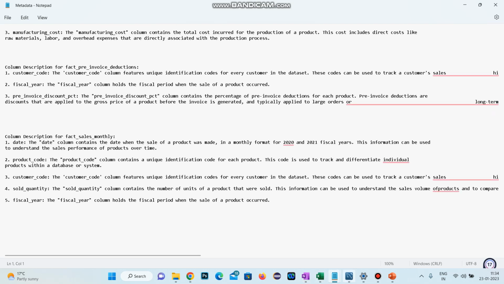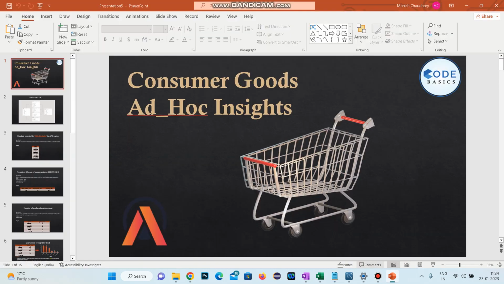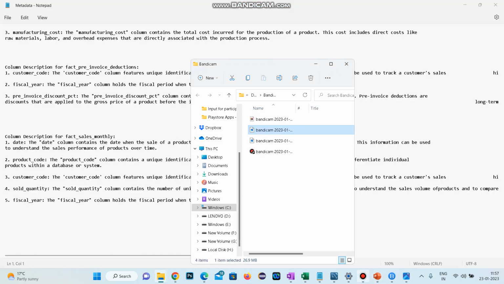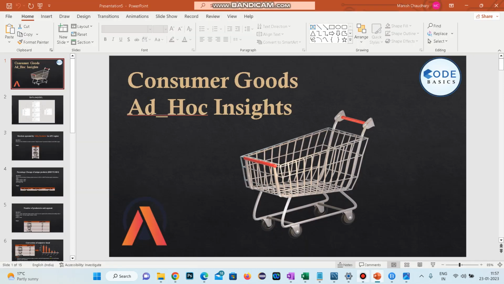Now let's go to our presentation. Here I have made the presentation, which is Consumer Goods Ad Hoc Insights by Codebasics for Atliq.